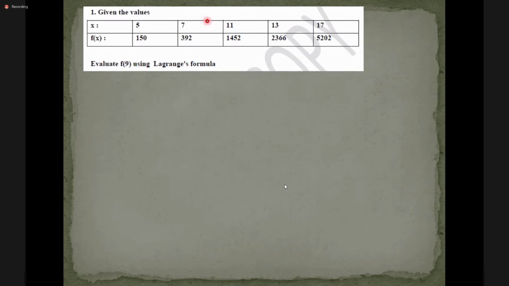But whether forward is applicable, to apply the forward interpolation formula, the first important condition is the values of xi should be equally spaced. So you'll observe 7 minus 5 is 2. 11 minus 7? 4. So you'll observe h is not constant.